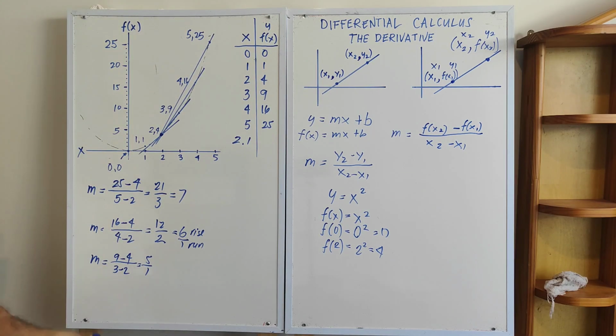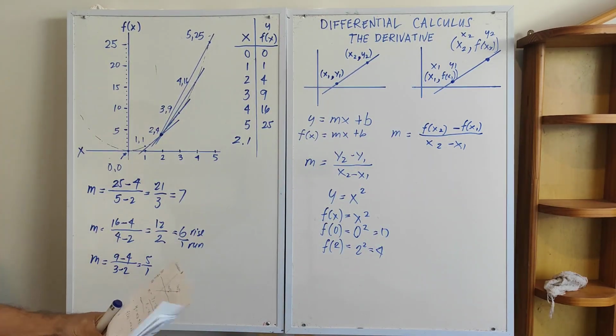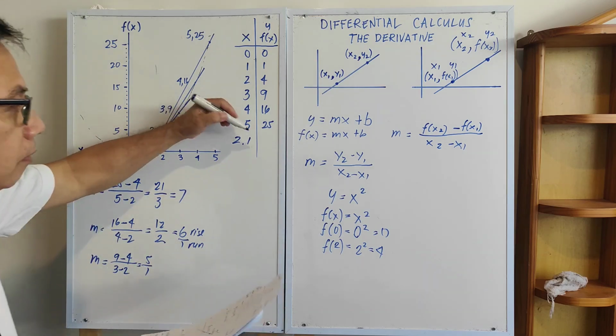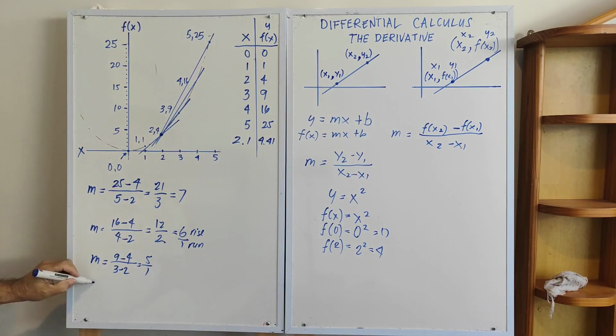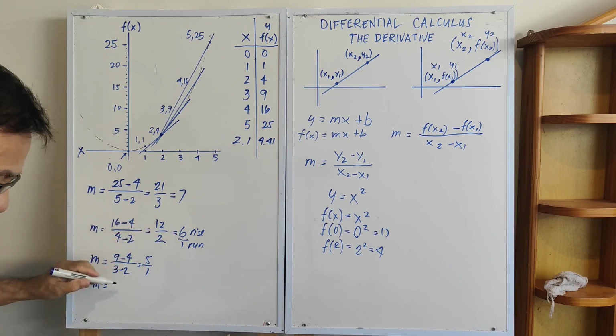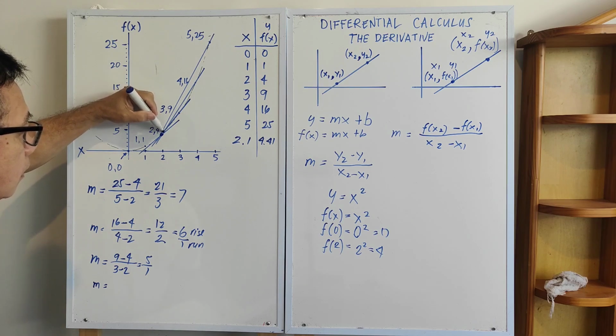If we use 2.1 as your x, the function of x at that point would be 4.41. So that point will be here, very close.